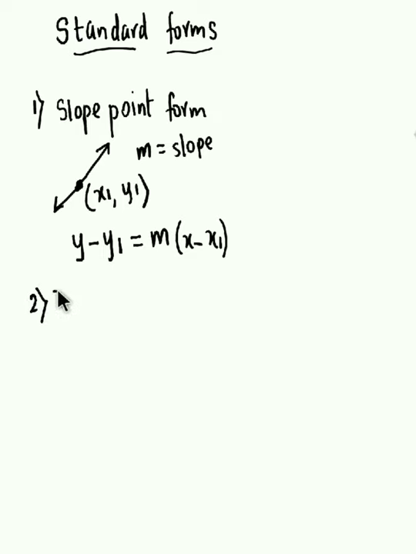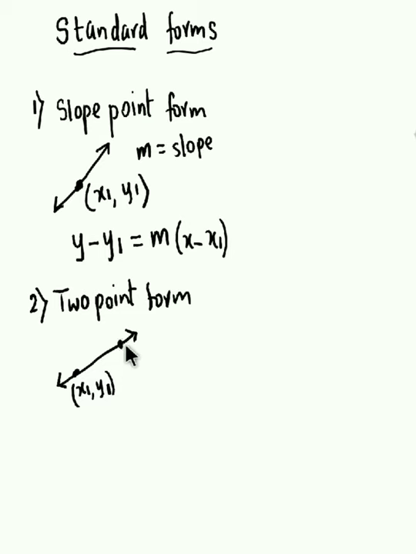The second form is called the 2-point form. So again, suppose this is the straight line and we know any 2 points on this line. Suppose the first point has coordinates x1, y1, and suppose there is one more point whose coordinates are x2, y2.